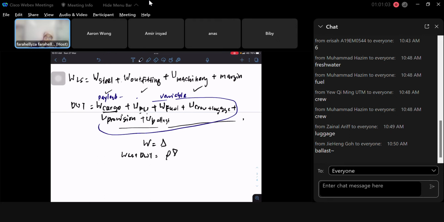WLS we know is 0.1 W, but once again, in your case, you cannot apply this as 0.1 W. And DWT, we have 2344. Rho is basically 1.025. So we have L times B times T times CB, which is 1.0.